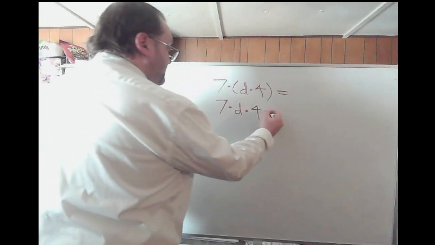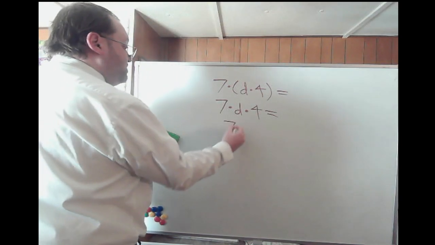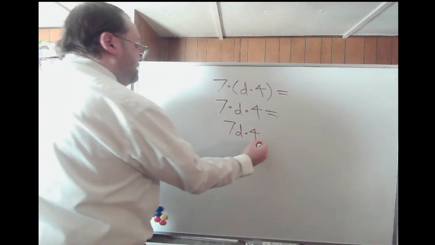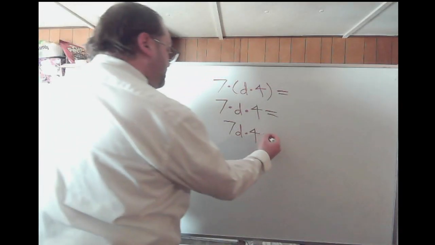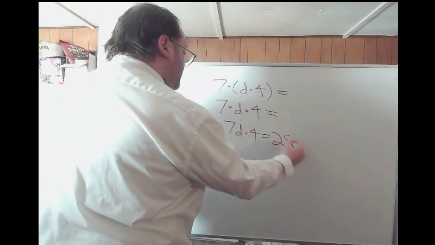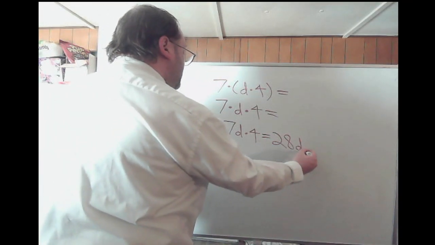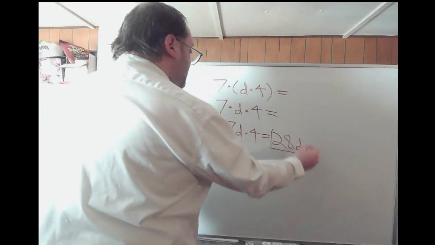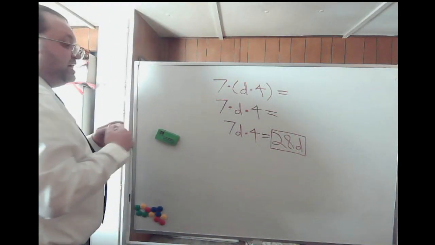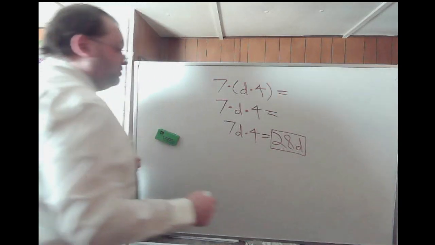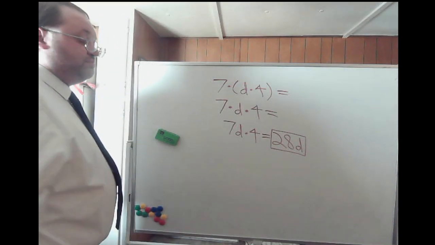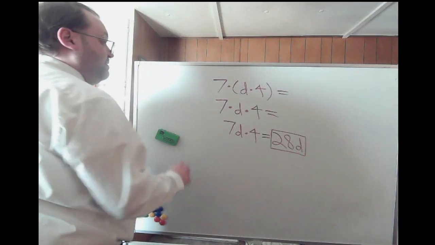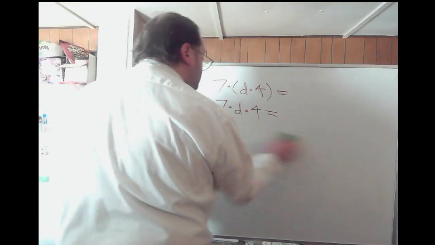Now we just work from left to right. 7 times d, well, that's just 7d times 4. 7d times 4, well, that's going to be 28d. You would just get 28d then. Because whenever you multiply a constant by a variable, you're multiplying the constant and the variable, so you would get 28d, if that makes sense.